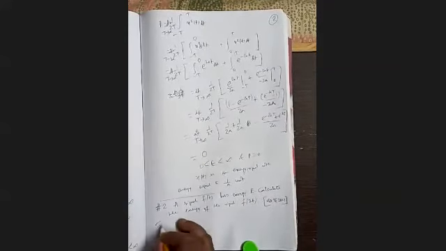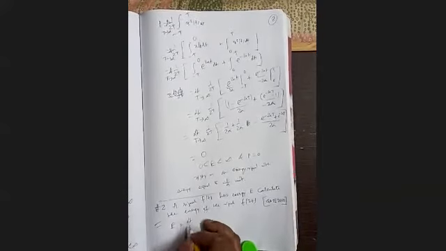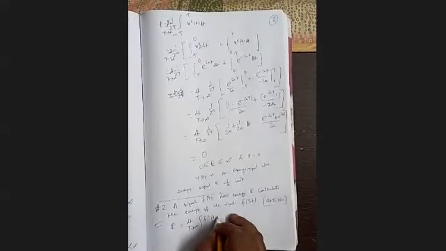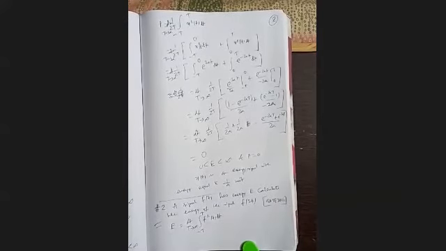Now we know energy of a signal f(t) is limit T tends to infinity, integration f square t dt from minus capital T to plus capital T. That is the energy.